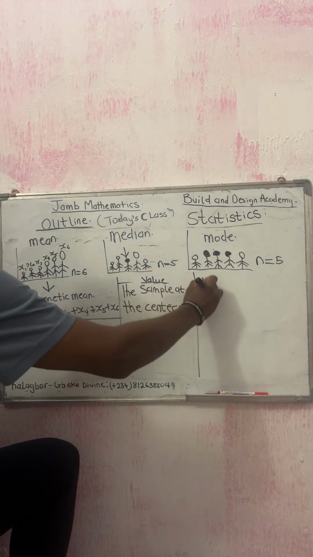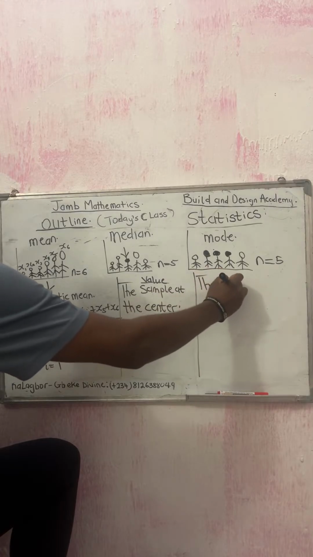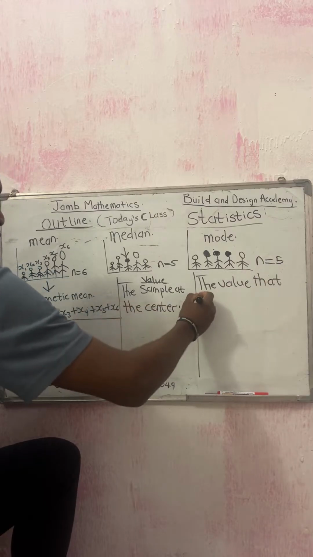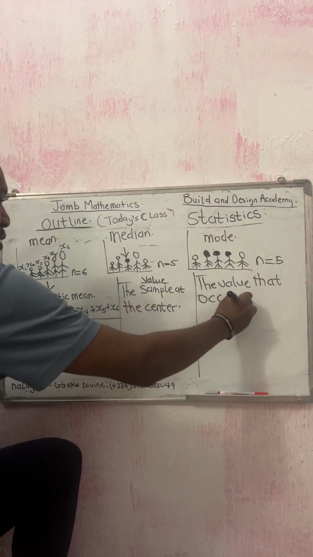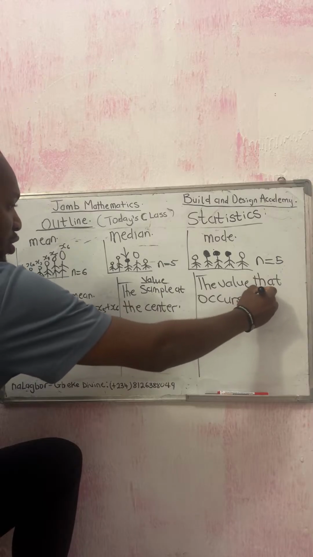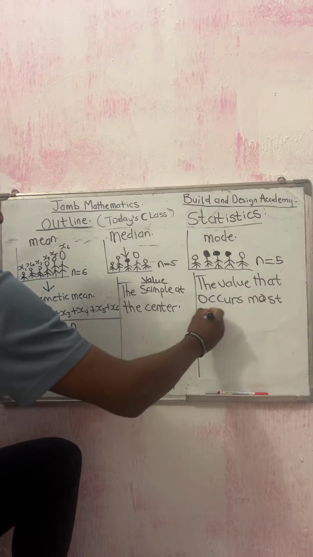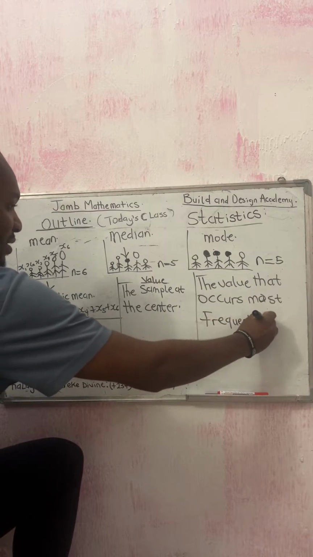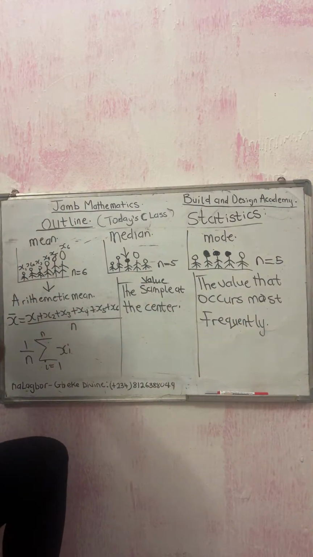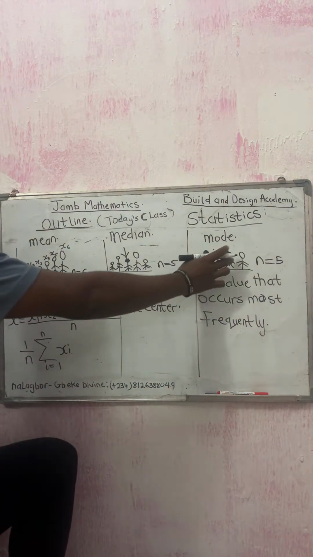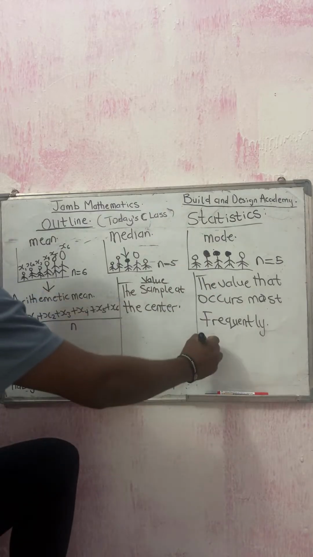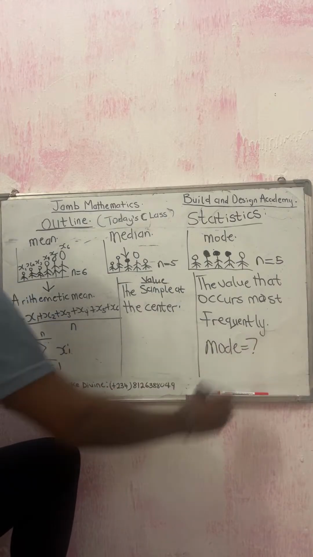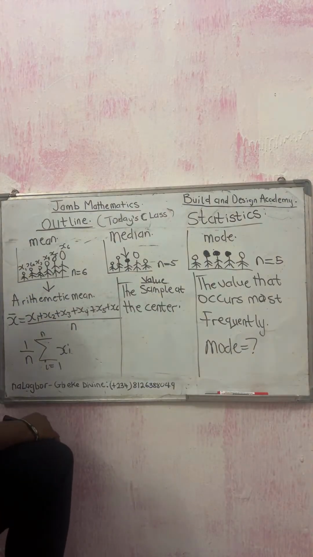So the mode is the value that occurs most frequently. That is our mode. Because this one is appearing 3 times, our mode here will be that value that is appearing 3 times.